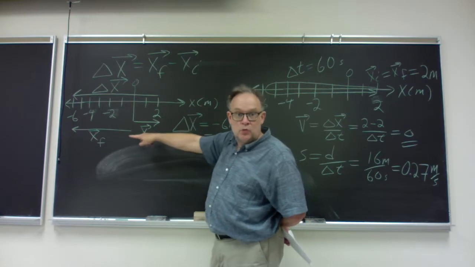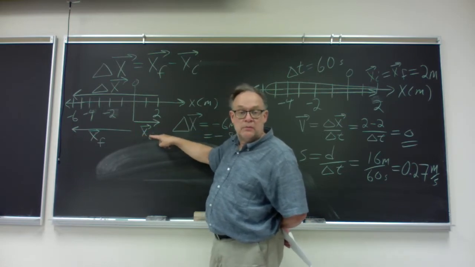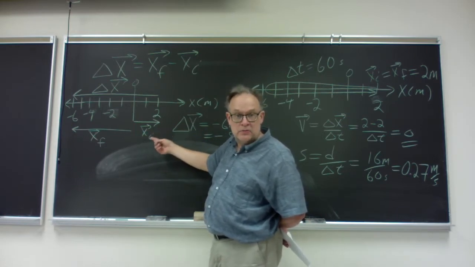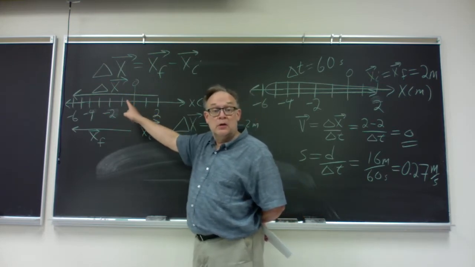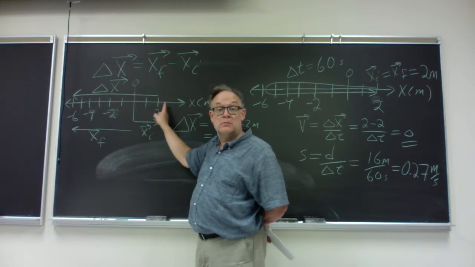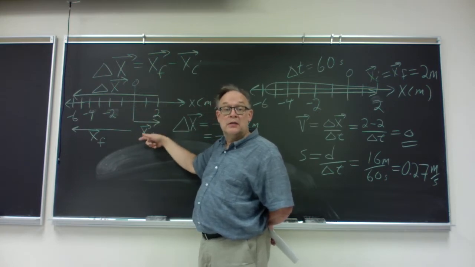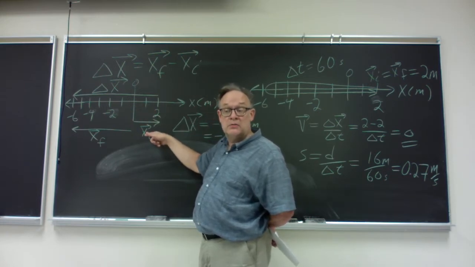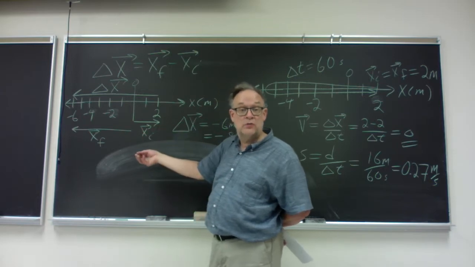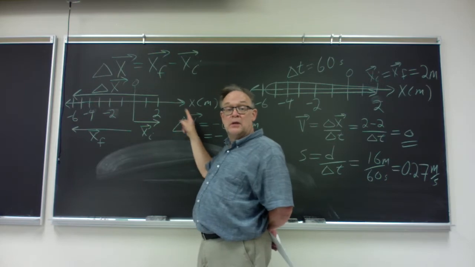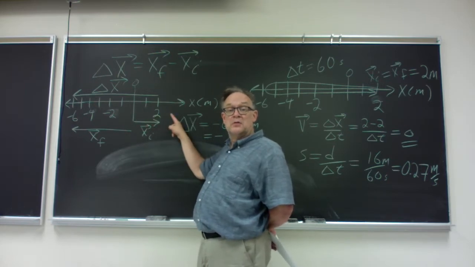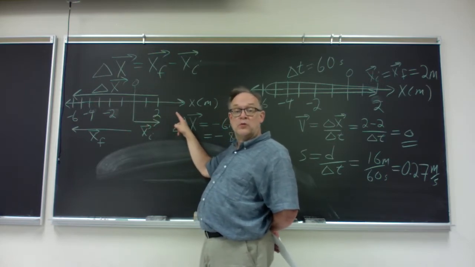The magnitude of the vector, the size of this vector, tells us how far it is from the reference point of the coordinate system to the point of interest, and then the sign of this number tells us the direction of the vector. The direction of the vector tells us which way we have to go to get from the reference point to the point that we're interested in.